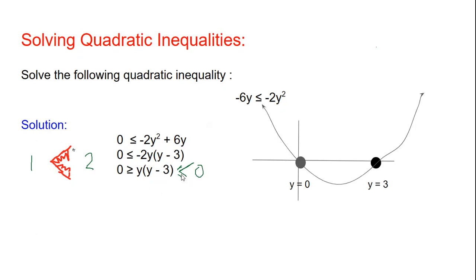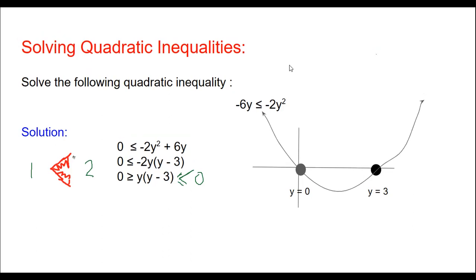We have less than equal to, so that means it's beneath the x-axis, and equal means it touches the x-axis. So it's just this. It means that the points that touch the x-axis and are beneath the x-axis are included.